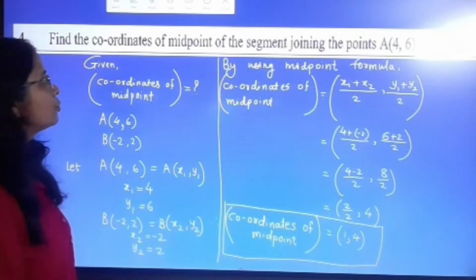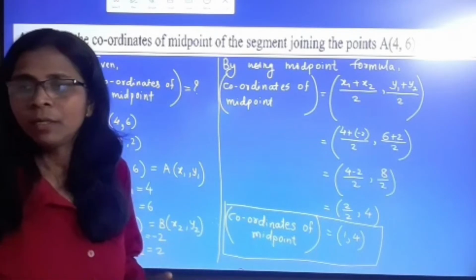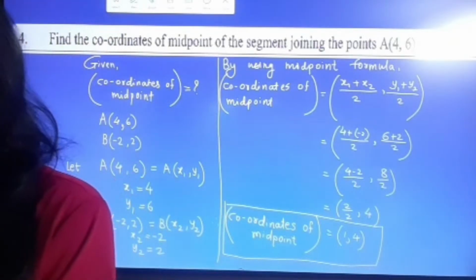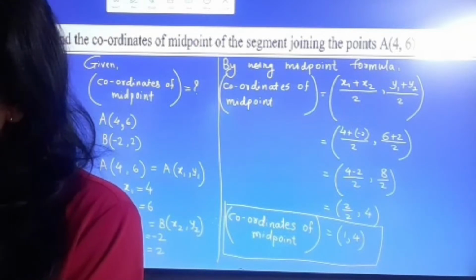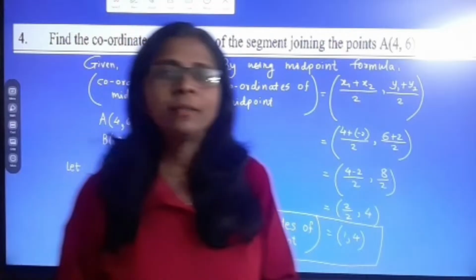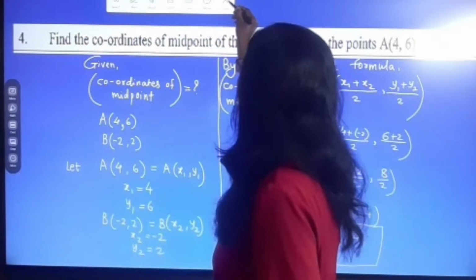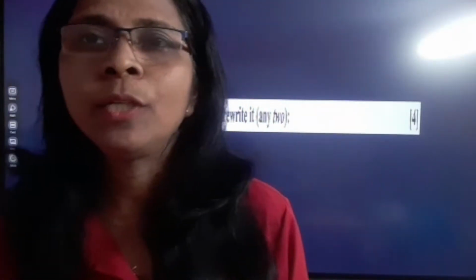Okay students, in such a way the first question is completed. Which one is the compulsory question? And we have to complete it, students. Okay. So now here, students, see the second question.